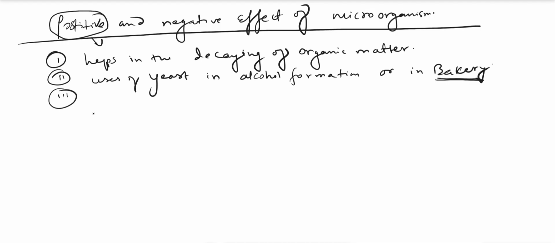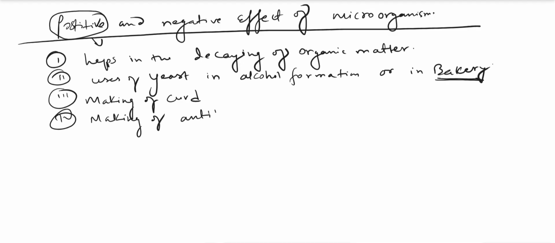Third, it helps in the making of curd. And the fourth one is it helps in the making of antibiotics. By use of bacteria we can make different antibiotics, and we can treat bacterial as well as viral diseases.